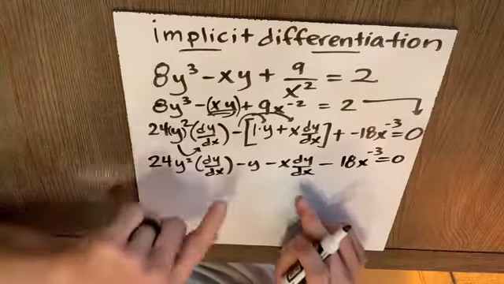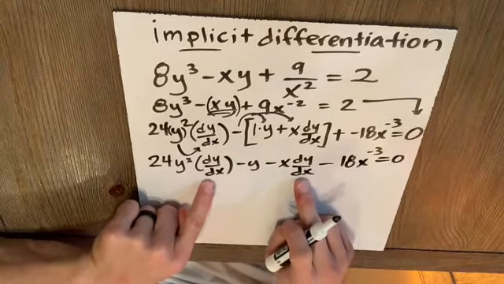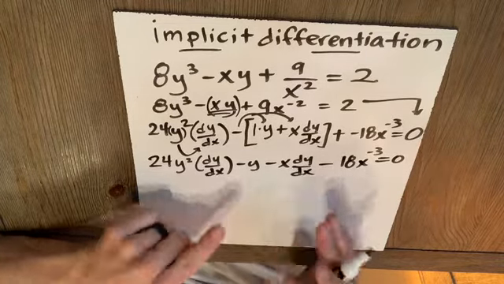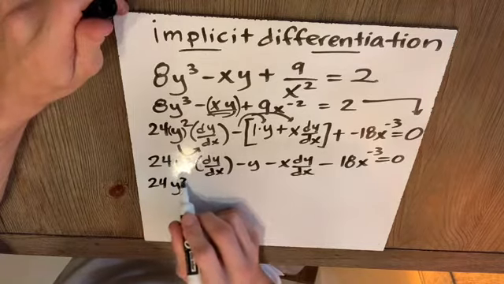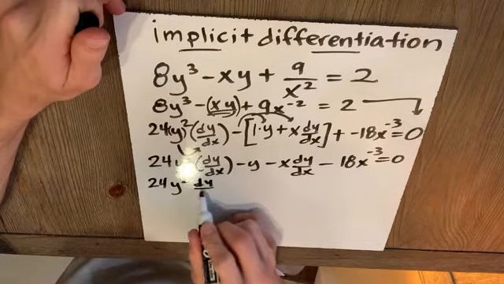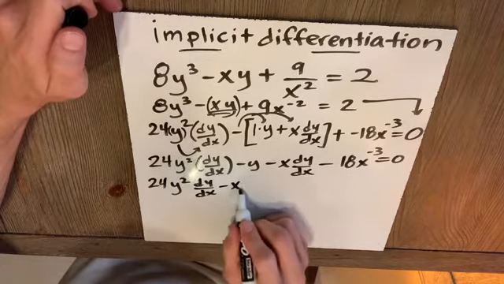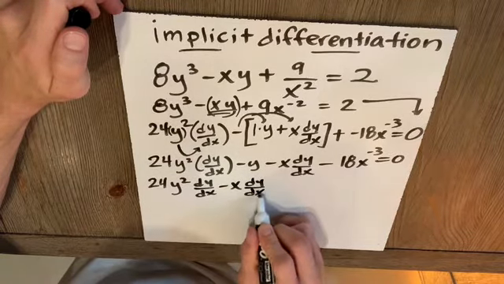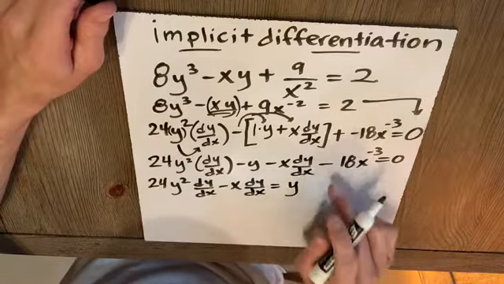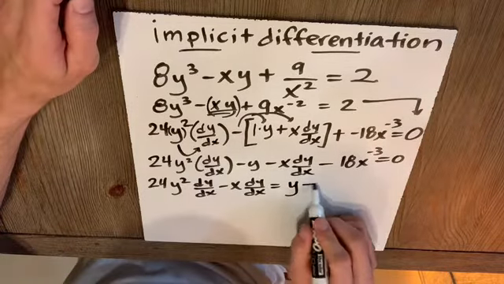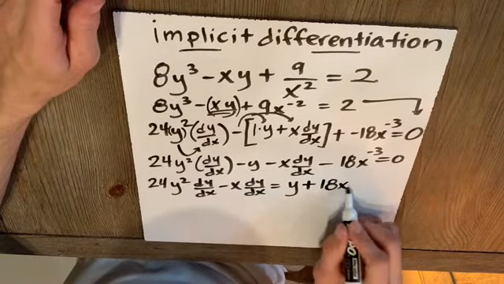Of course, I've got to gather these terms because they have dy/dx in them. I'll put everything else to the other side. So I have 24y squared dy/dx minus x dy/dx is equal to, add y to both sides, y, add 18x to the negative 3 to both sides, 18x to the negative 3.